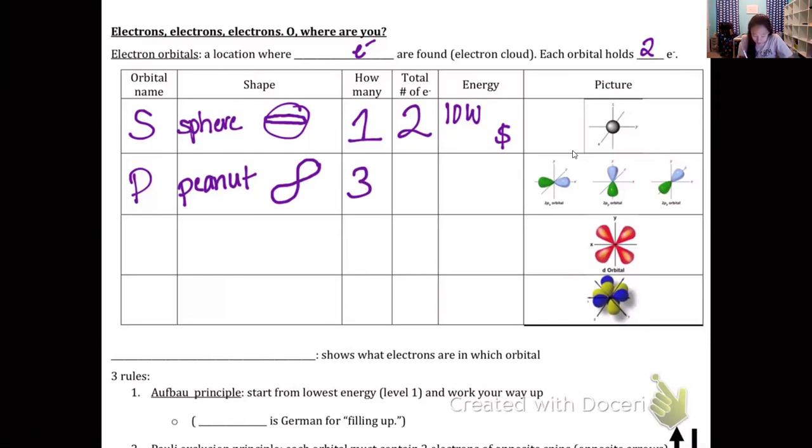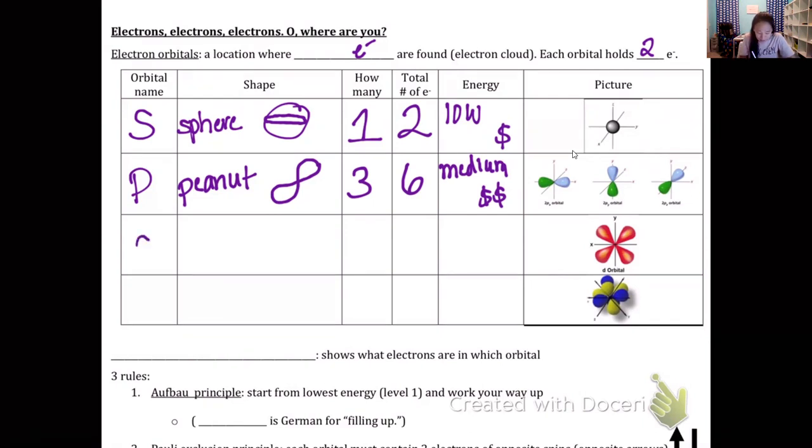So 3 times 2 is 6, right? So you can fit a total of 6 electrons inside a p orbital, p house, because it has 3 orbitals in there. We say that the energy is medium. So you can think of this as like a slightly more expensive house, bigger, more bedrooms, right? More orbitals means it's slightly more energy, more expensive.